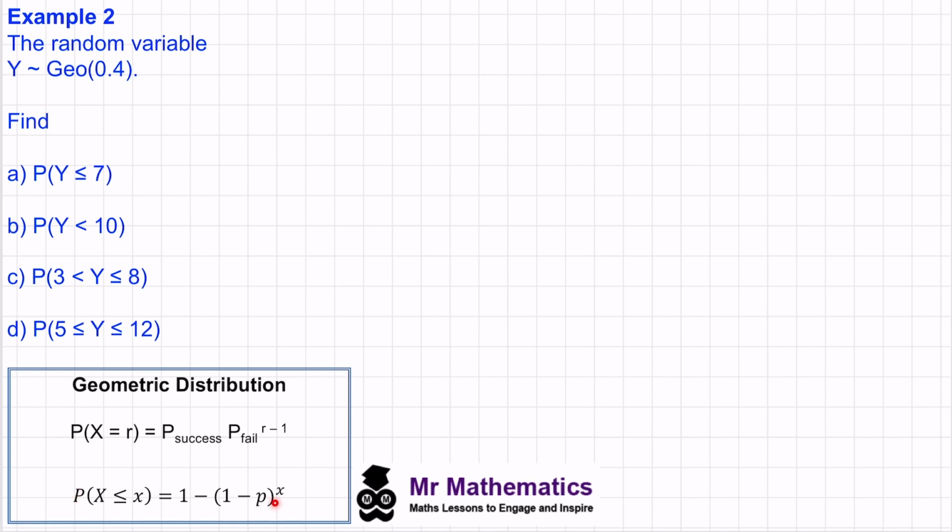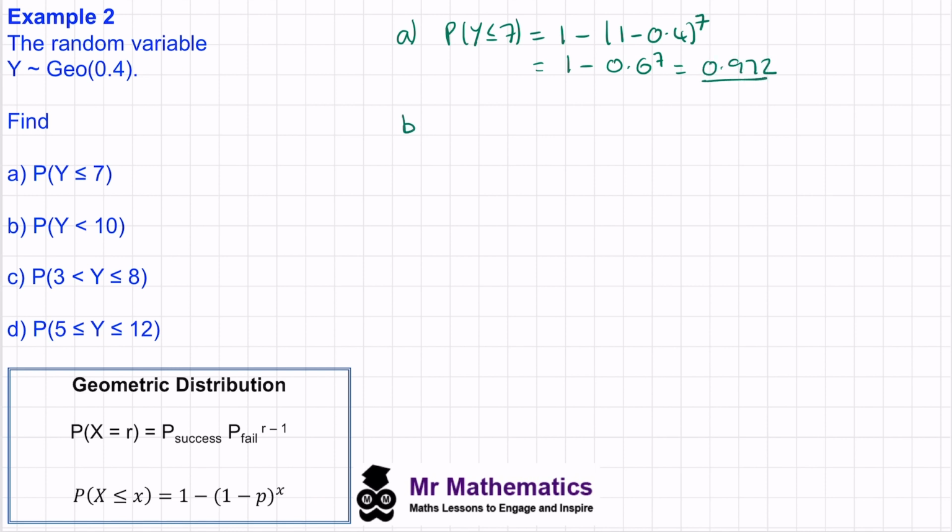So we can use this formula where our observed value will be equal to 7. So we'll have a probability of y being less than or equal to 7 will be equal to 1 minus p. So 1 minus 0.4 raised to the power of x, which is, in this case, 7. So then this would become 1 minus 0.6 to the 7, and this is 0.972.